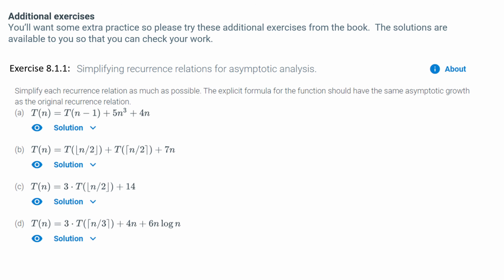For this third example, all you need to do is replace that T of the floor of n over 2 with just T of n over 2. And nothing else would have to be done. Now this last one here, you need to remember, maybe look back on that chart, because besides this term involving a function value of T, for this last problem, part D, we also have the 4n plus 6n log n.